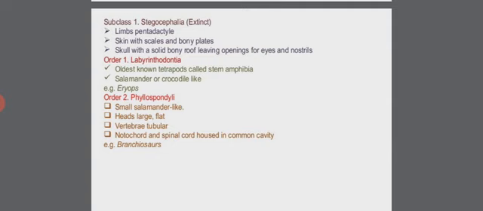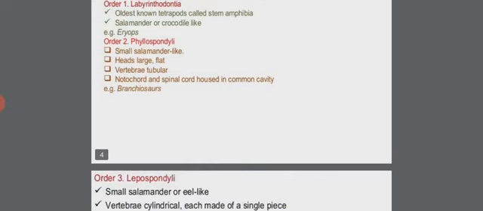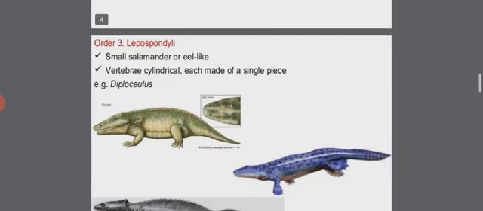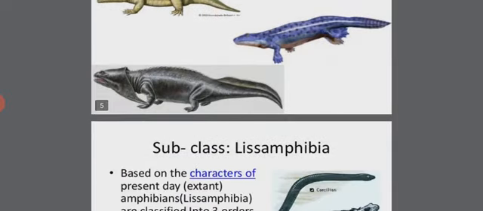Now coming to classification. With reference to classification, the class Amphibia has two main subclasses. One is Stegocephalia and the other one is what is known as Lissamphibia.